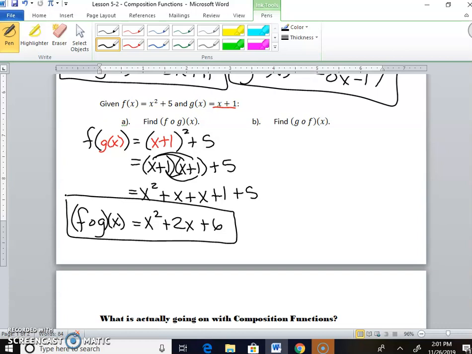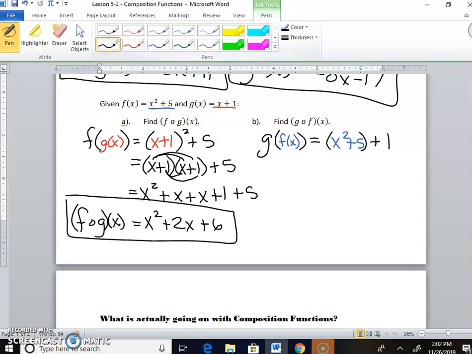Okay, then on our flip side of this, I've got g open circle f of x. Well, we know that that means g of f of x. So I'm going to go through there, and then I've got my g function, which is x plus 1. So I need to plug in my f of x into this spot here. And our f of x was x squared plus 5. So I'm going to have an x squared plus 5 in here.